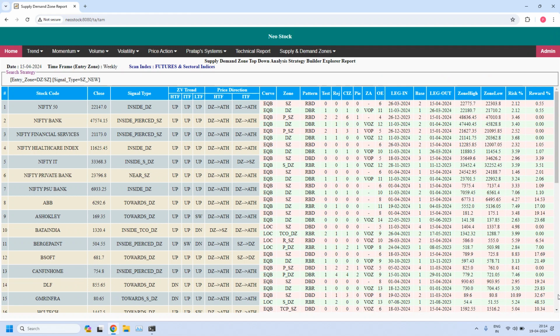And we know because of this global situation and the other scenarios, that was the main reason. Even you see Nifty 50 weekly zone is created, Nifty Bank weekly zone is created.